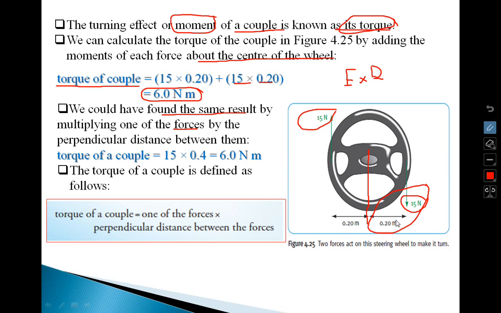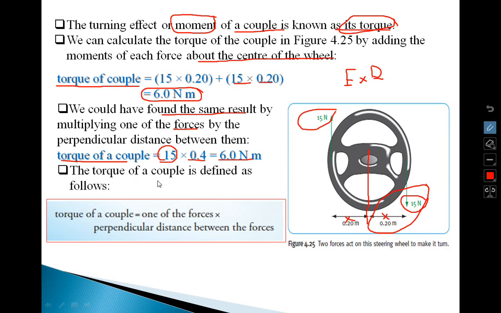The distance between this force and this force is D1 plus D2. So the torque of a couple is equal to 15, one of the forces, times the whole distance between the two forces, which is 0.2 plus 0.2 equals 0.4. 15 times 0.4, we will get the same result, 6 Newton meter.